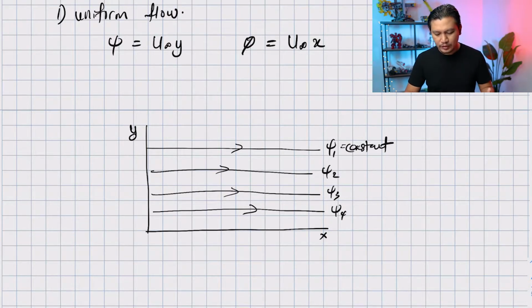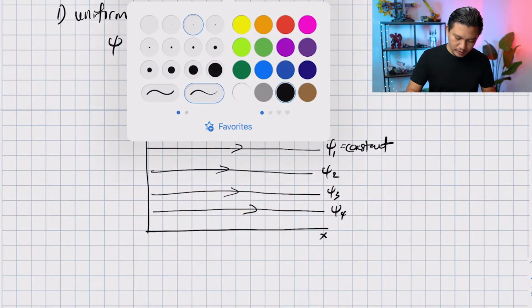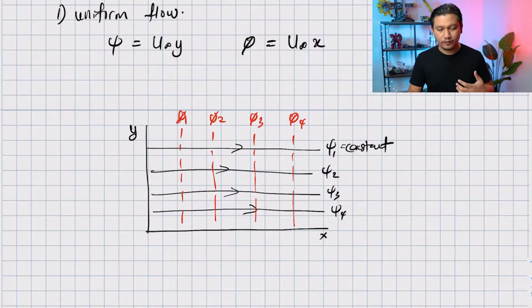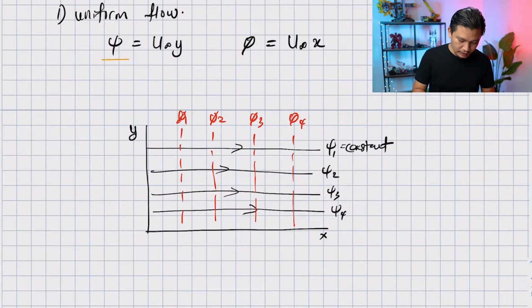Because we know that our velocity potential is just perpendicular to the stream function, our velocity potential plot will look something like this. Okay, and this is phi 1, phi 2, phi 3, and phi 4. Now, this is the definition of this flow using a stream function and also using the potential function.